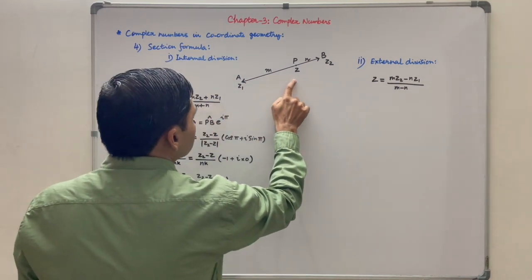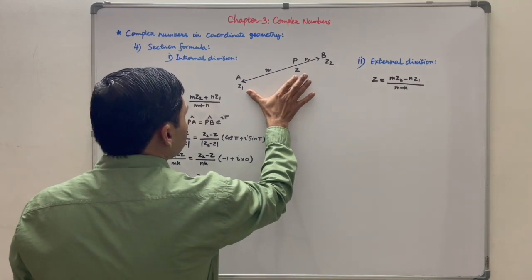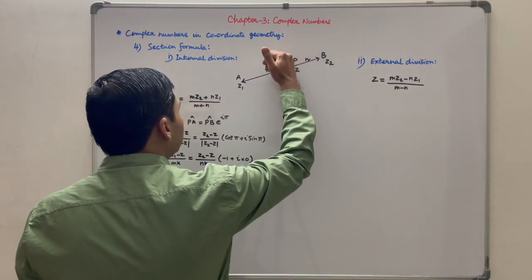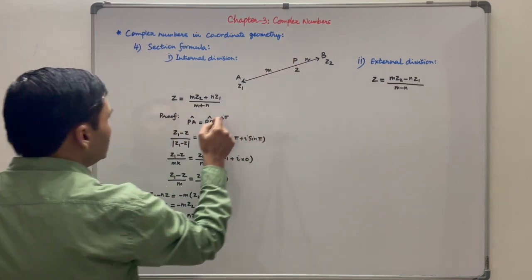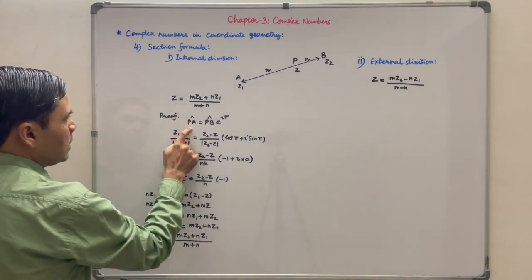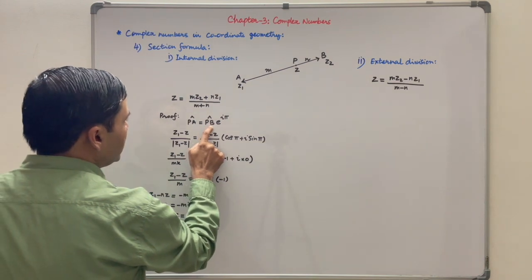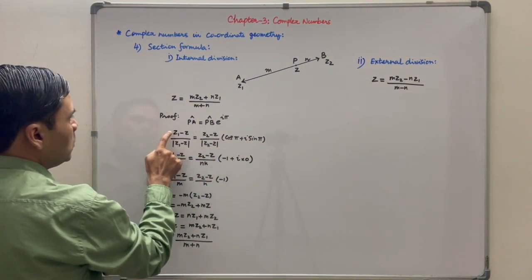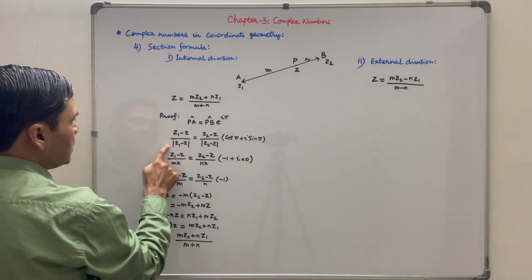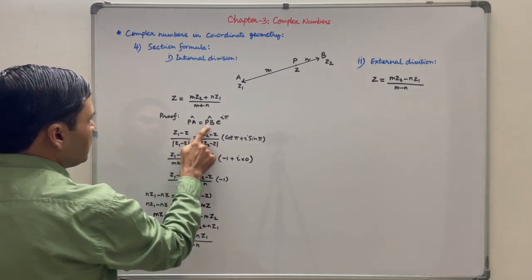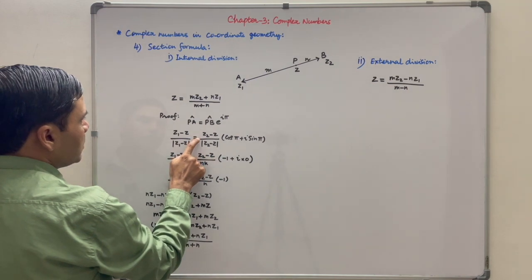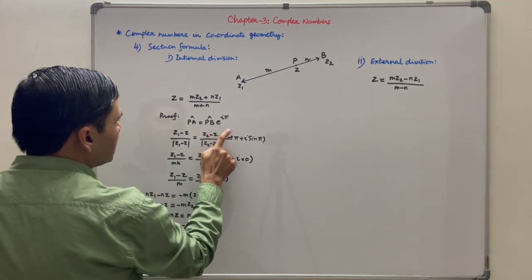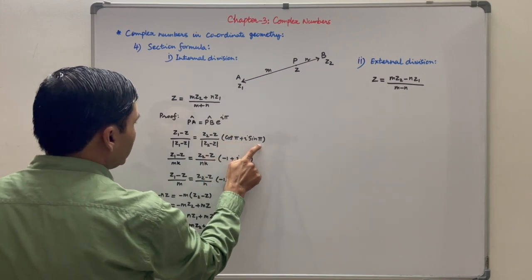From this figure, we can say that we will get unit vector PA by rotating unit vector PB by 180 degrees anti-clockwise. So we can write unit vector PA is equal to unit vector PB into e to power i pi. Unit vector PA is equal to (z1 minus z) upon mod (z1 minus z), and unit vector PB is equal to (z2 minus z) upon mod (z2 minus z). e to power i pi is equal to cos pi plus i sin pi.